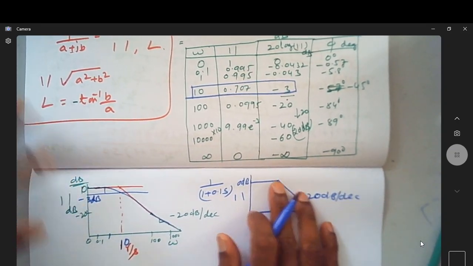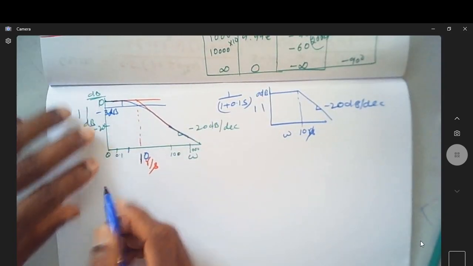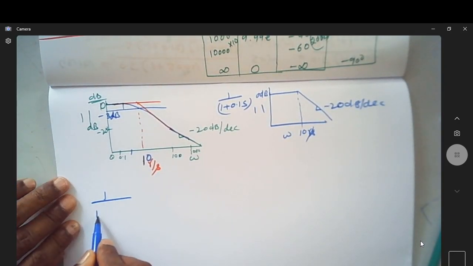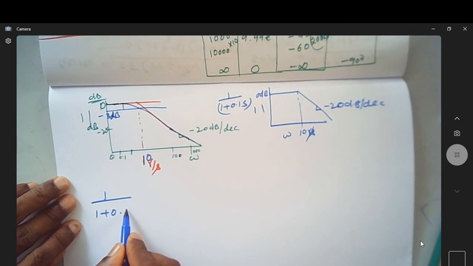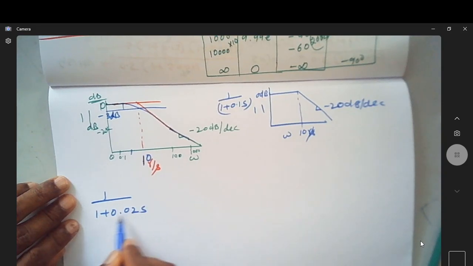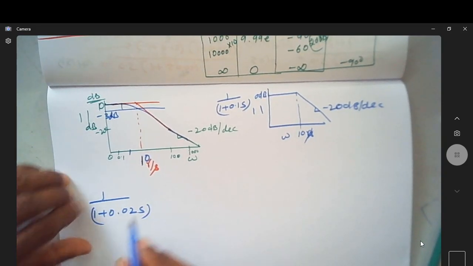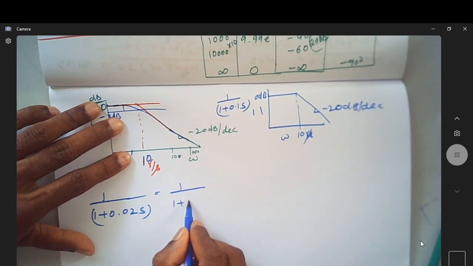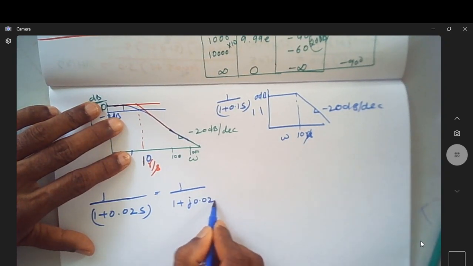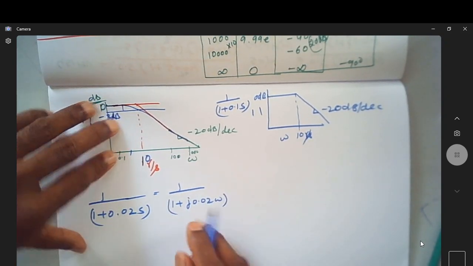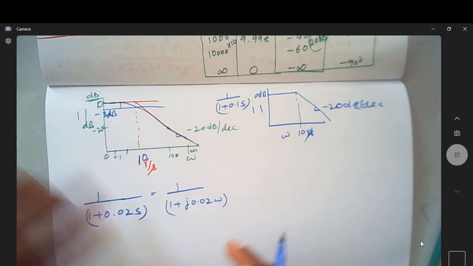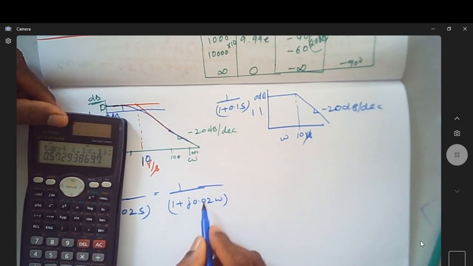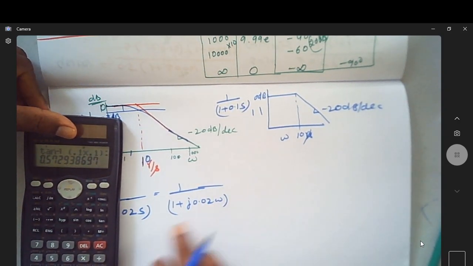On the same lines, suppose I want to know what is the plot of 1 over 1 plus 0.02 s. So what do I have to do? I have to replace s by j omega. Will it not become 1 plus j 0.02 omega? So what is 1 over tau? Tau is actually 0.02.